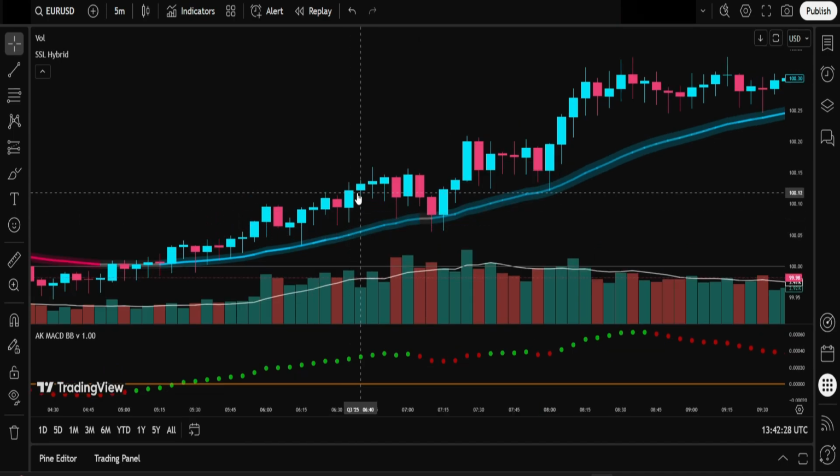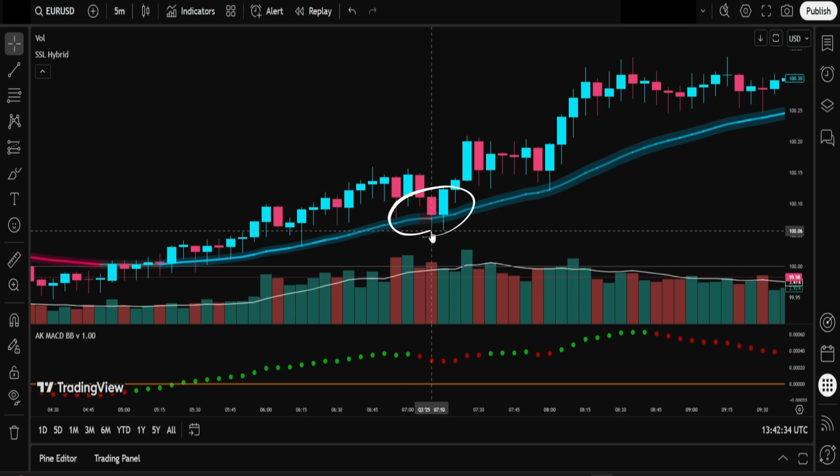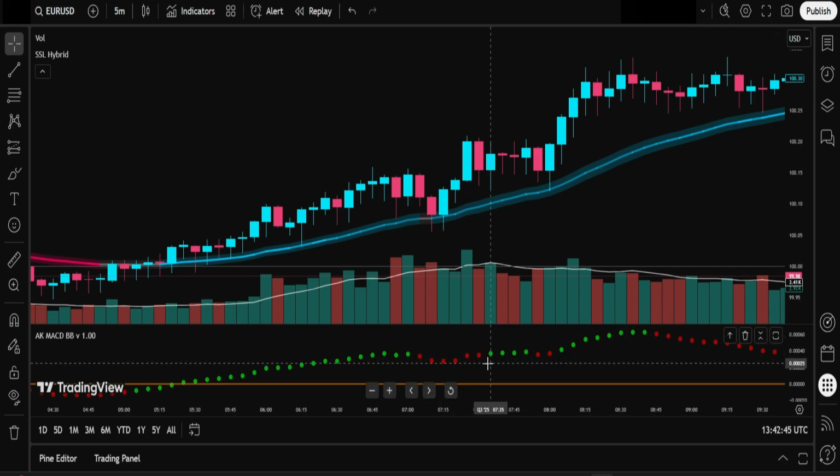Again, baseline first. It's blue, and price is above it. We get a return to the baseline, and this time the line turns gray during the test. Perfect. That's our evidence of a real pullback. We don't jump early because momentum briefly fades. Instead, we let the MACD dots turn green above zero to confirm buyers are back in control.